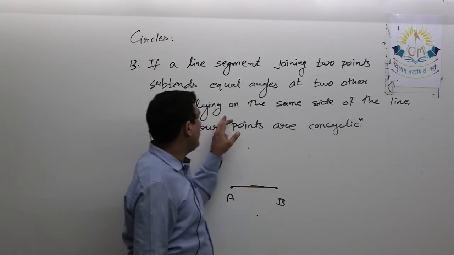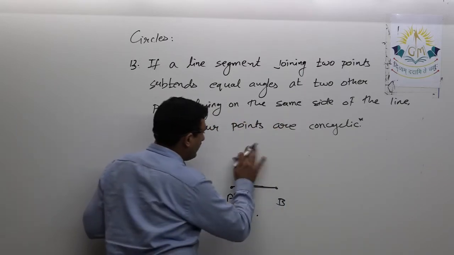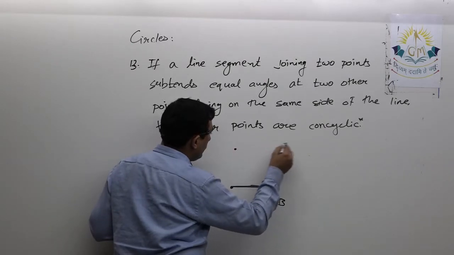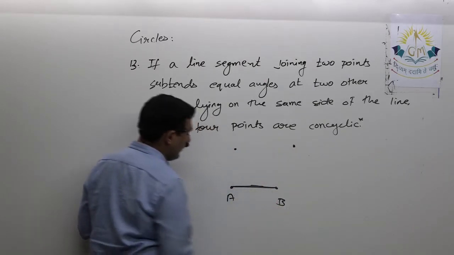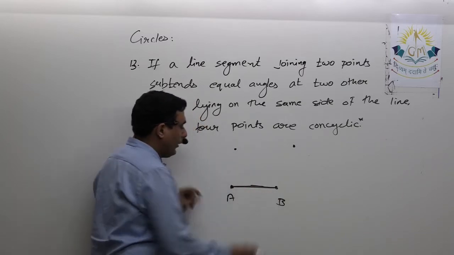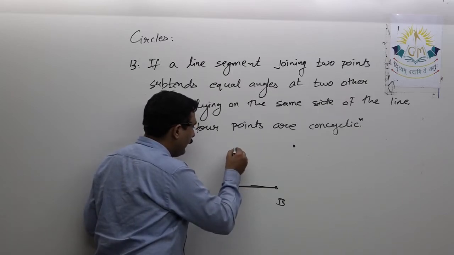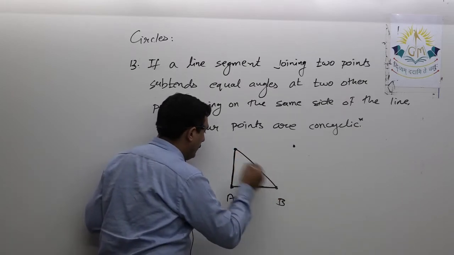Now where are those 2 points lying? On the same side of the line. That means if Q is over here, Z is over here.